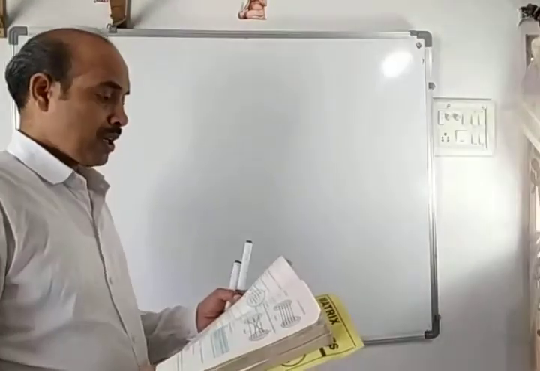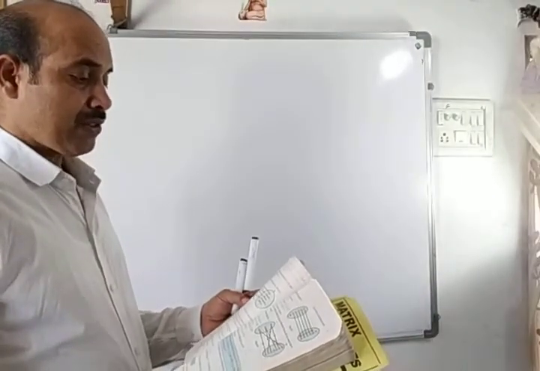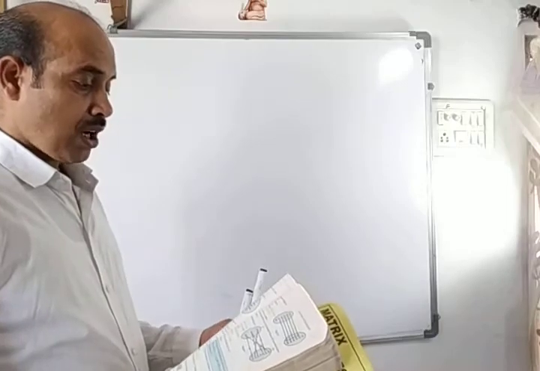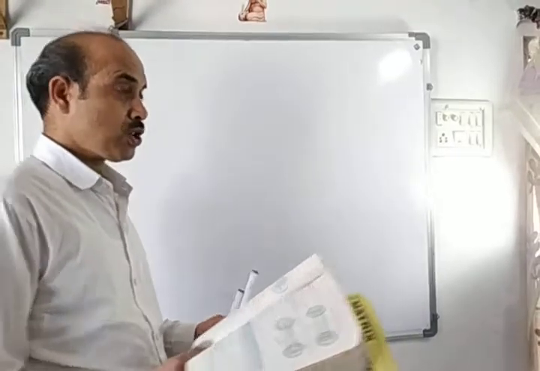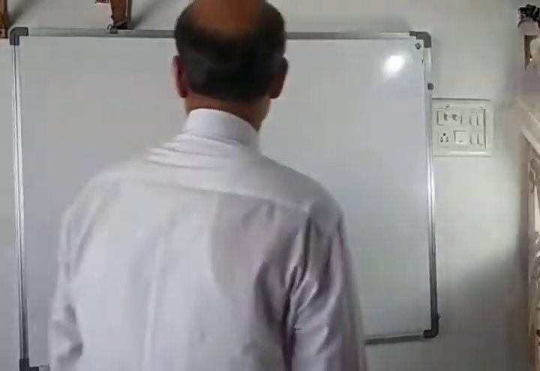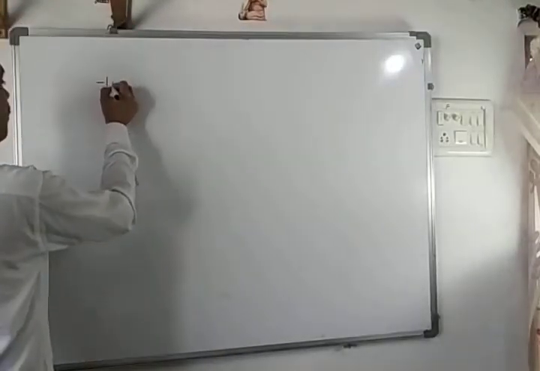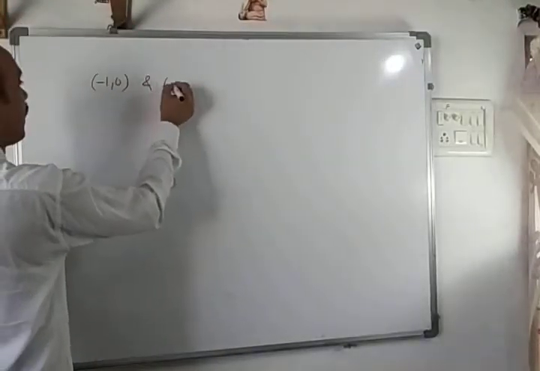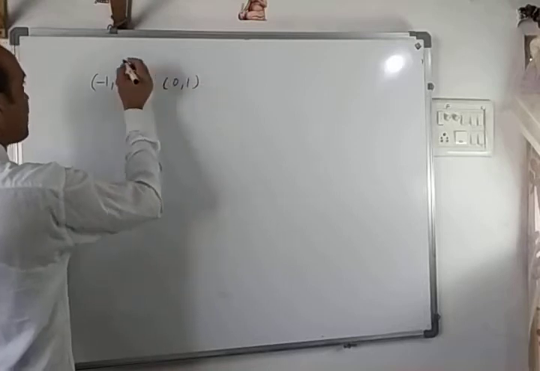The Cartesian product A cross A has 9 elements, among which are found -1, 0 and 0, 1. These two elements are given.